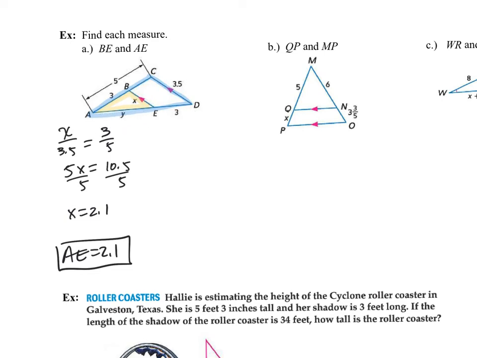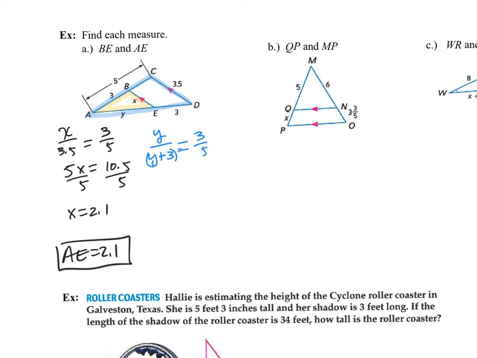So y to y plus 3 is equal to the ratio of, let's go ahead and use that comparison of 3 to 5 again. Notice y to y plus 3 takes a yellow side to a blue side. That's equal to 3 to 5. Okay? Now, when you cross multiply in this proportion, remember if you have a binomial, you might want to put parentheses so you remember to distribute when we cross multiply.